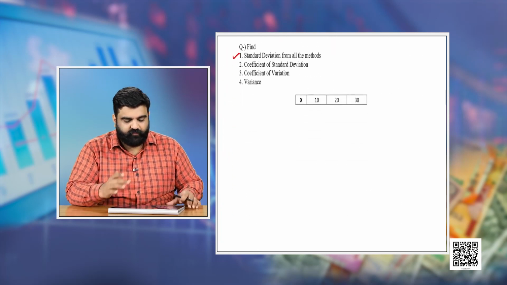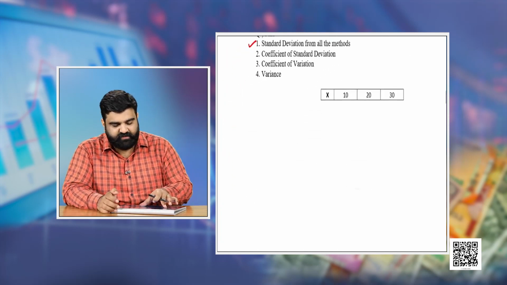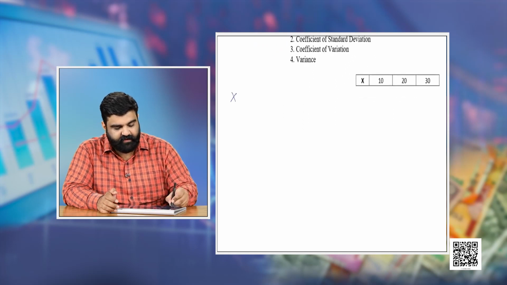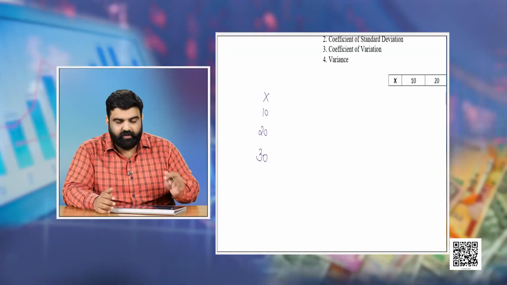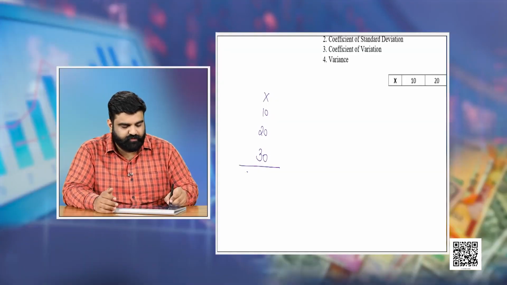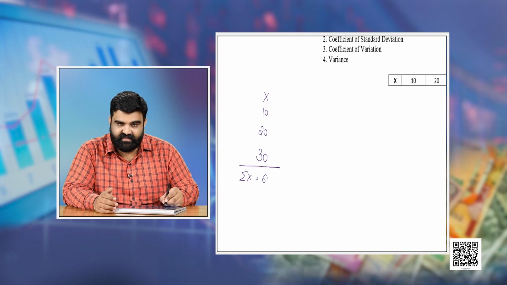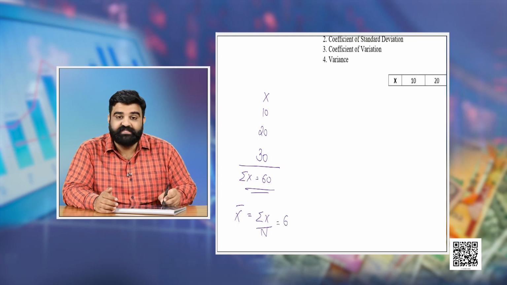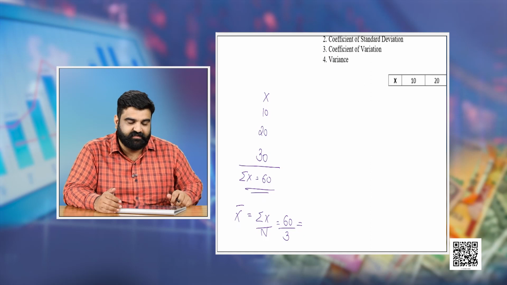First of all, we have this question in which x is 10, 20 and 30. Let us solve this question by the direct method. Let us calculate the mean first. The sum of x will be 60, and the mean of the series will be sigma x by n, which is 60 upon 3, because the number of items in this series is 3.